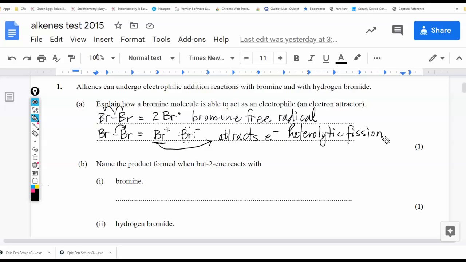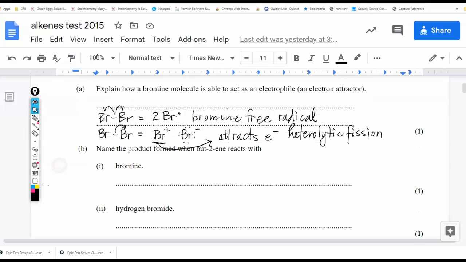Okay, so the next thing we're going to do is name the product formed when but-2-ene reacts with bromine and then reacts with hydrogen bromide. So we want to figure this out, and but-2-ene looks like this. I have a CH3 bonded to a CH, which is double bonded to another CH, which is bonded to a CH3. And I'm going to have that first react with bromine, and by bromine we mean Br2.